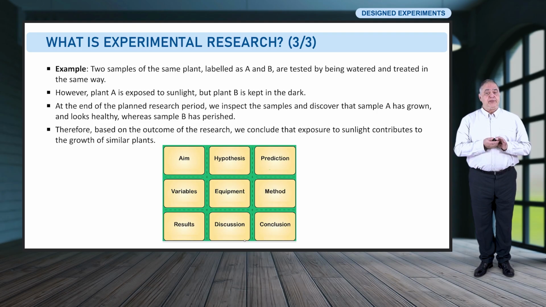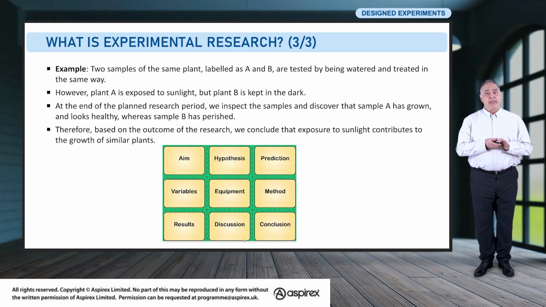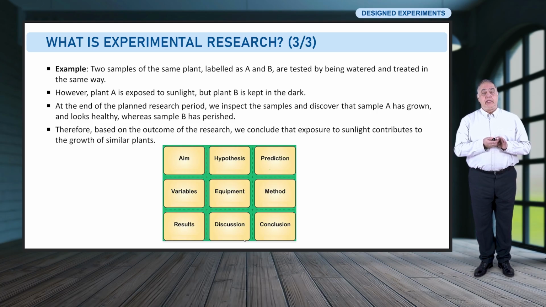At the end of the plant research period, we inspect the samples and we discover that sample A has grown and looks healthy, and sample B has perished. Therefore, based on the outcome of this type of research, we conclude that exposure to sunlight contributes to the growth of similar types of plants.